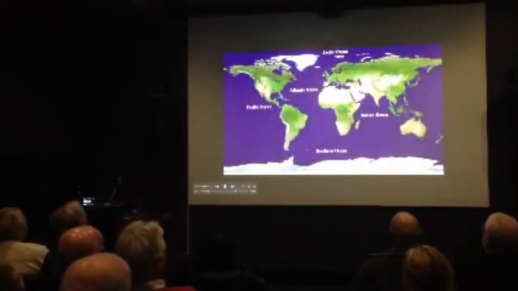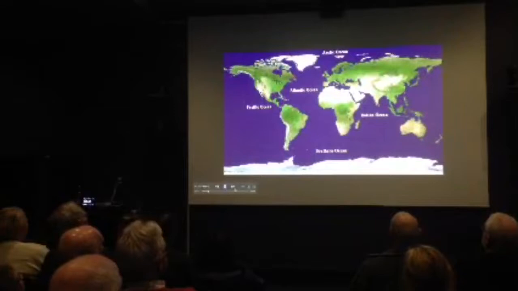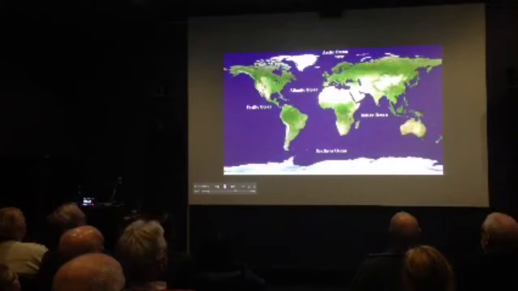Next, let's take a look at the oceans. Here is the standard picture of Earth's surface, and you can see that oceans cover 70% of the surface. There are 5 major ones: the Pacific, the Atlantic, the Indian, and down here in Antarctica there is the Southern Ocean that we don't talk about very much, and then at the northern latitudes we have the Arctic Ocean.